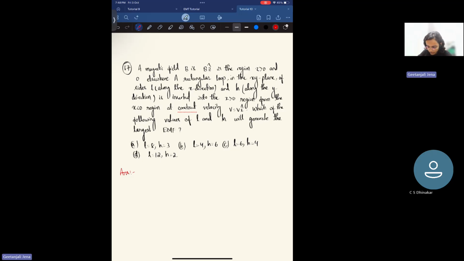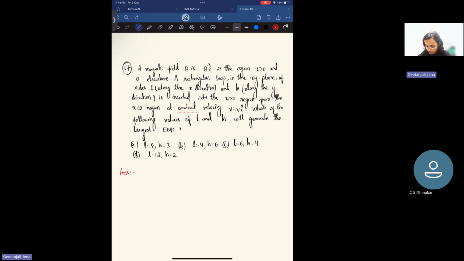For question number 17, there is a magnetic field B in the Z direction in the region x greater than 0, and it is 0 elsewhere. There is a rectangular loop in the xy plane of sides L along the x direction and H along the y direction.